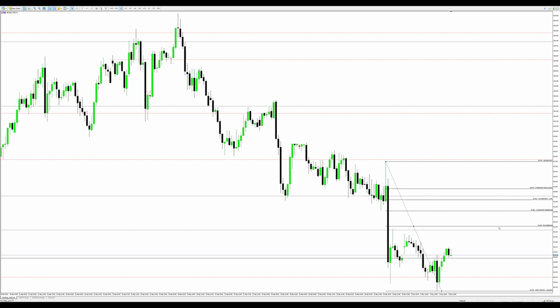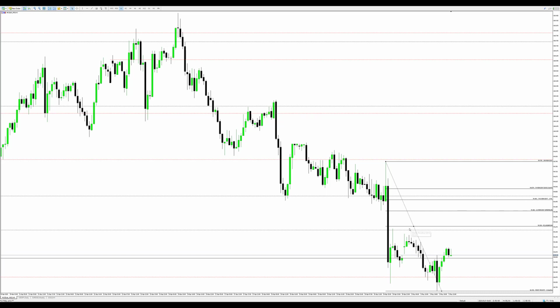So I'm expecting price to retrace all the way to at least the 99.40 or 99.49 zone before we start hunting for short trades. You see, so that's my forecast on dollar index. I'm expecting further weakness, so we'll be hunting for short trades on dollar index once it reaches 99.40 or 99.49, that is 99.50 institutional price point.